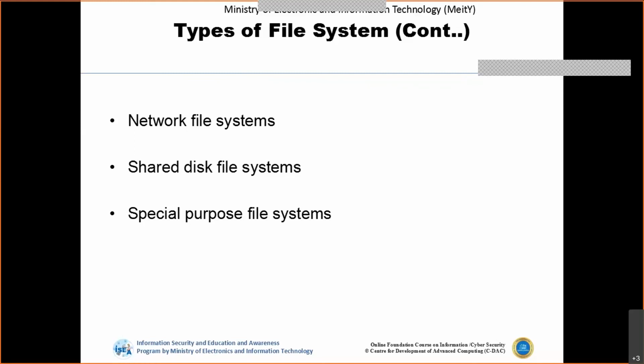Other kinds of file systems we have are special purpose file systems, where the need is not for a disk file system or network file system. These are arranged dynamically by the software, for temporary file storage or for computer processes where we need a special purpose file system.